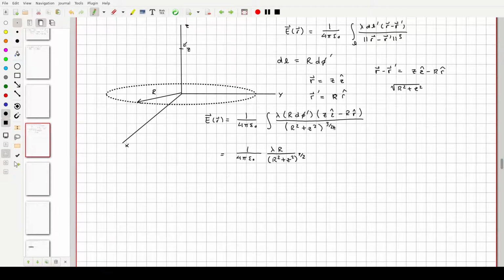So this takes care of all the constant stuff that can be pulled out. What we're stuck with is this integral right here. Now our limits are from 0 to 2 pi. We're going around the full circle. The thing we have to integrate is z hat minus r hat.